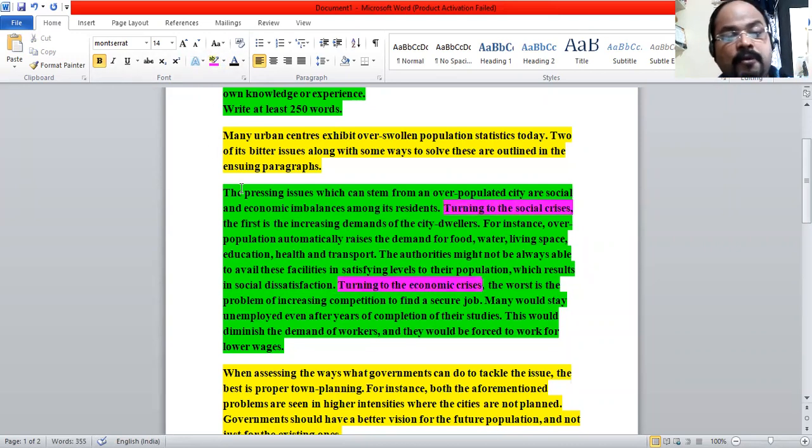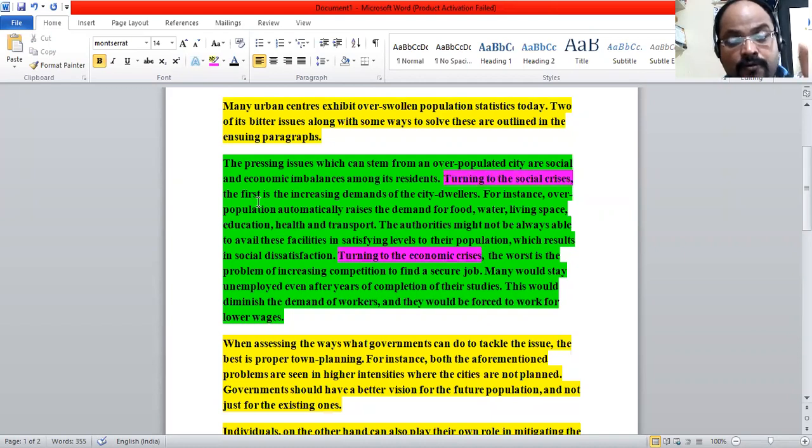The worst is the problem of increasing competition to find a secure job. So the economic crisis is the problem of increasing competition to find a secure job.